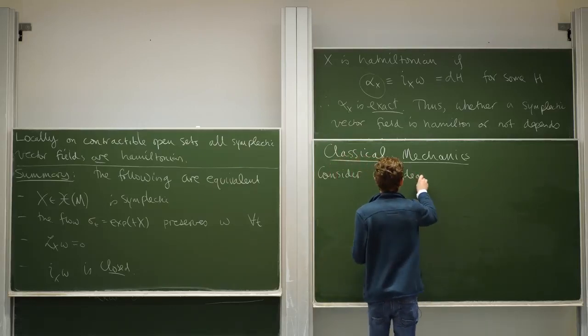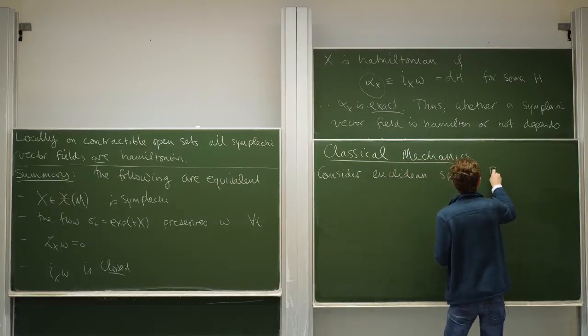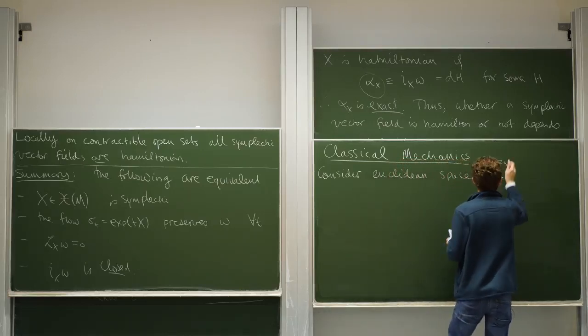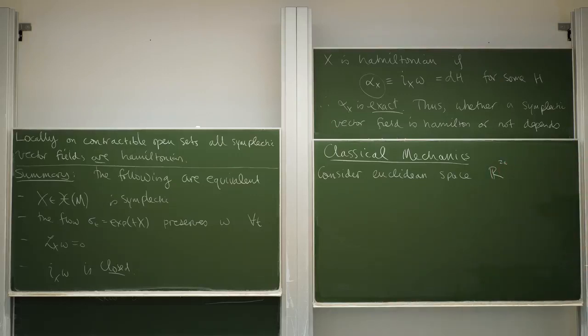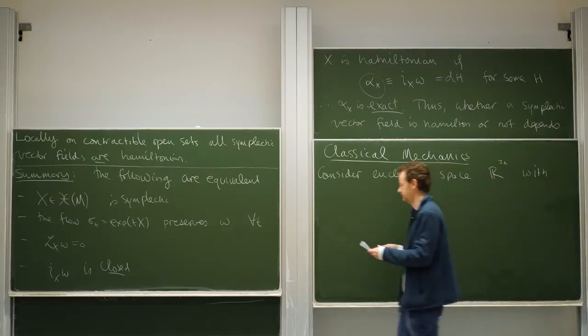So let's do some classical mechanics. So consider Euclidean space. This is the configuration space. Well, this is phase space, actually. So for n degrees of freedom, or a particle with n degrees of freedom.